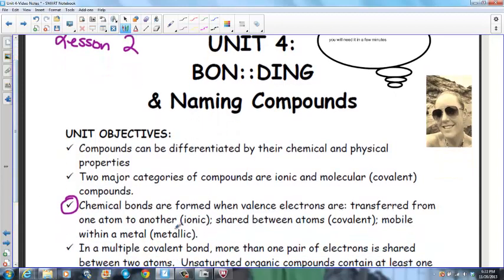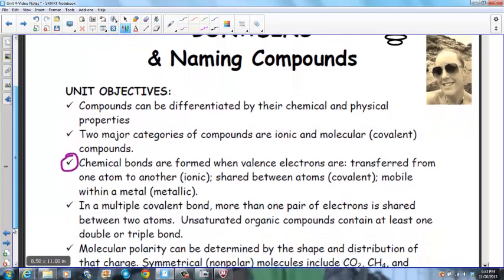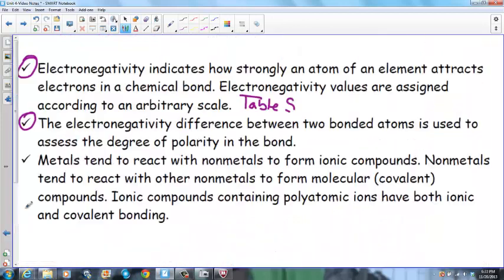We are going to be covering mobile bonds, not really chemical bonds, but mobile electrons within a metal. So they're going to be called metallic bonds. And we will also be looking at electronegativity and how it indicates the strength of an atom's attraction for electrons in a chemical bond.